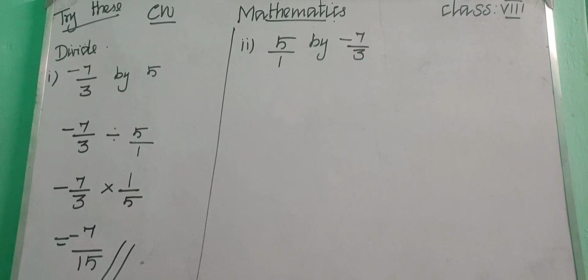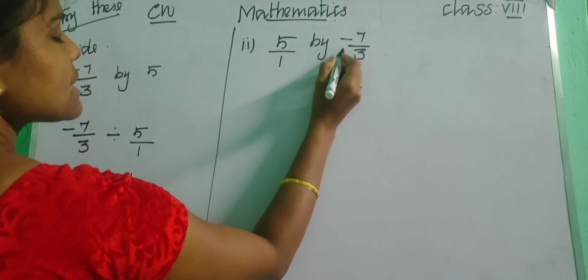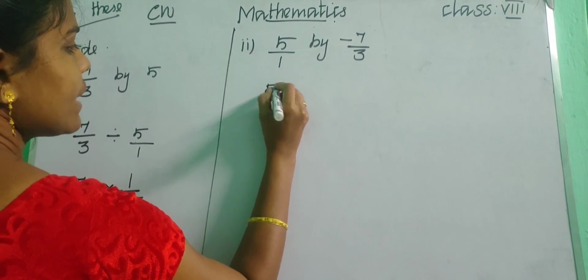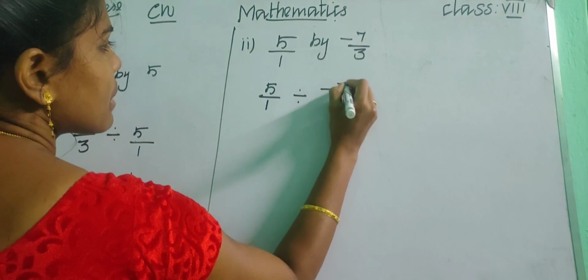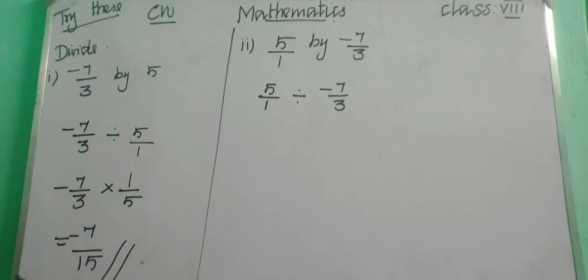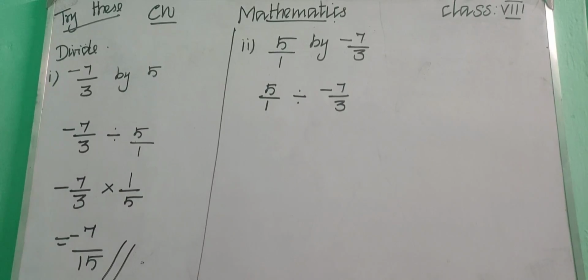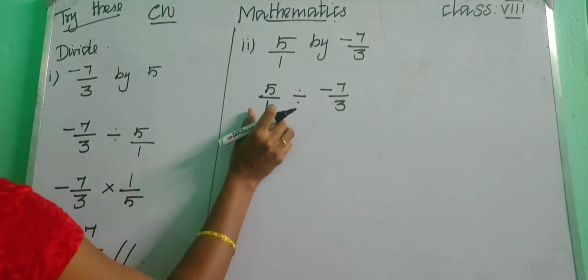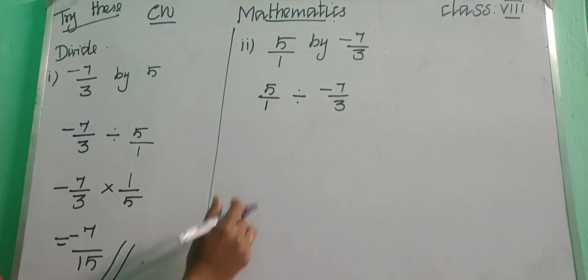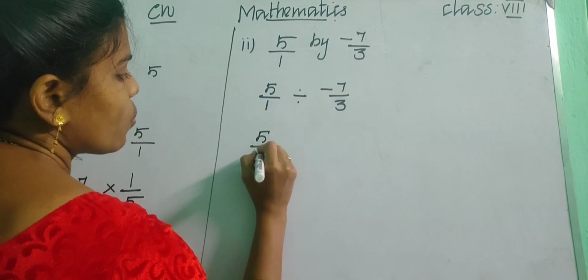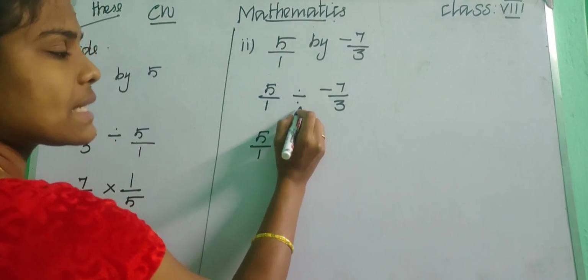So what is the first thing we need to do here? We need to insert the divide symbol. Okay, we need to replace this by and put the divide symbol. So 5 upon 1 divided by minus 7 upon 3. Okay, and what is the next step we need to do? We need to write the same rational number. Okay, the first rational number as it is in the question. Okay, so 5 upon 1, and then what is the next step?